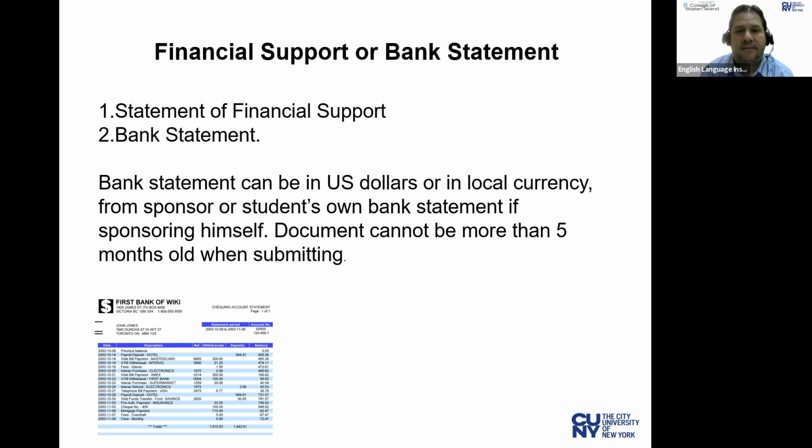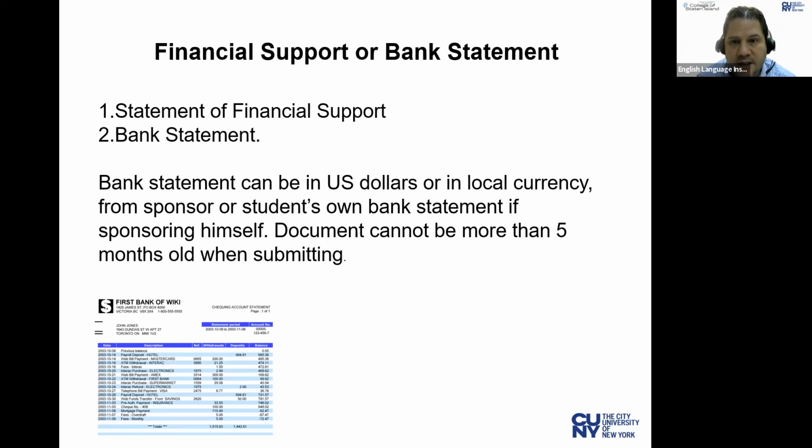All right. The bank statement cannot be a credit card statement. It's usually your savings or your checking account. So it has to be what is called in English liquid funds. It cannot be a credit card. All right. It cannot be any other type of document. It cannot be, for example, the pension or the retirement statement.